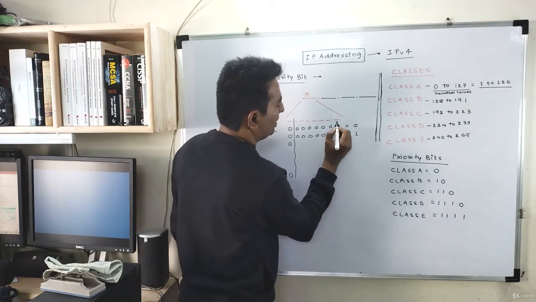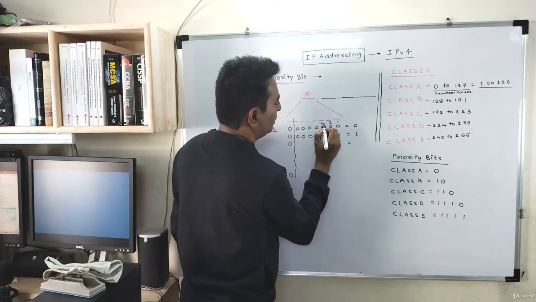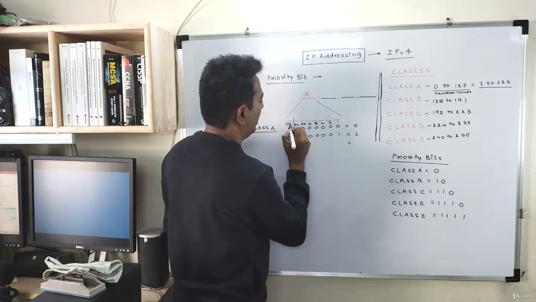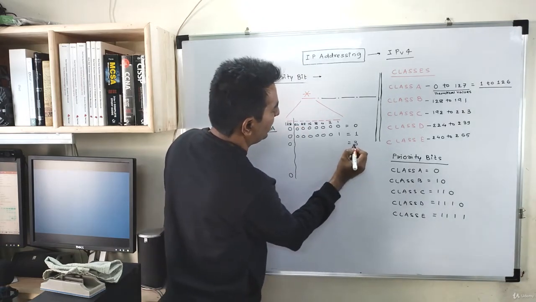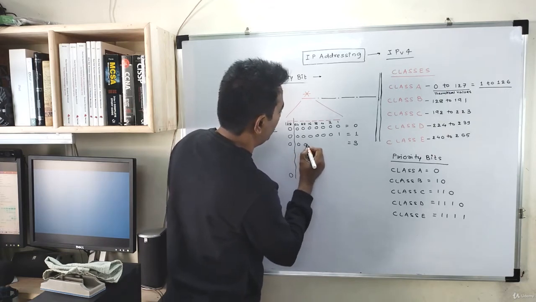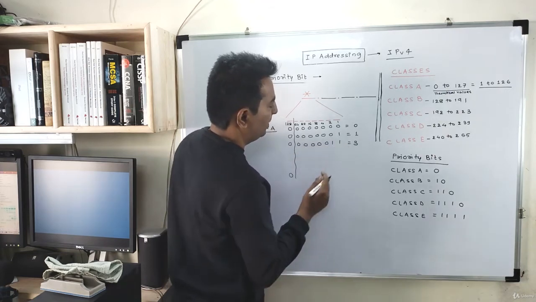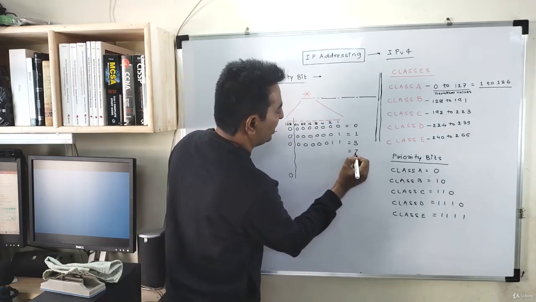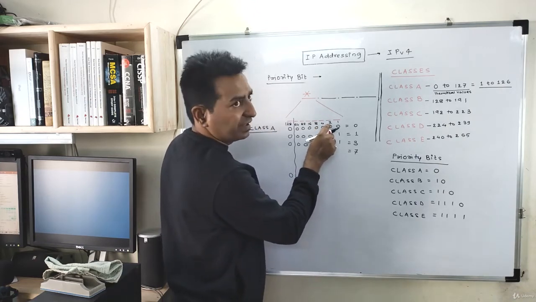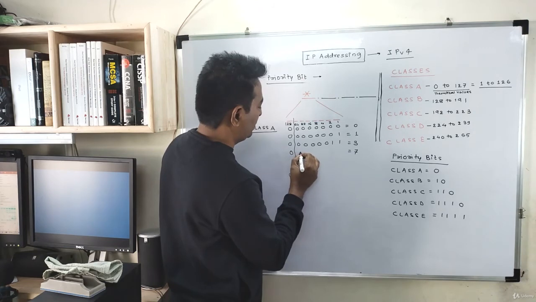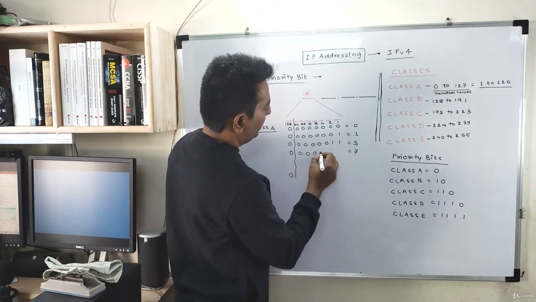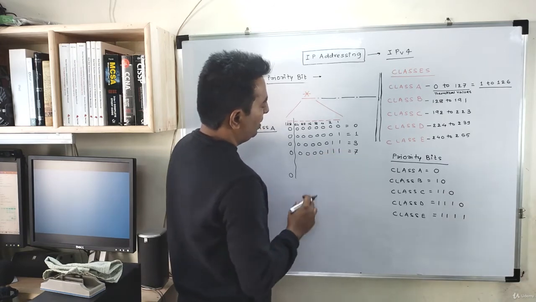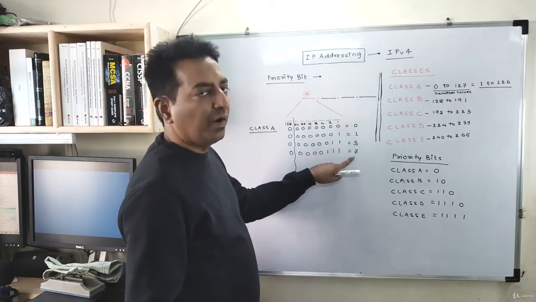Again you will have to build the logic: 1, 2, 4, 8, 16, 32, 64 and 128. For decimal 3, 2 plus 1 comes out as binary 3. If I want 7, 4 plus 2 is 6, 6 plus 1 is 7. So this is going to be 0, 0, 0, 0, 0, 1, 1, 1: 4 plus 2 plus 1. So this is the binary conversion of 7.